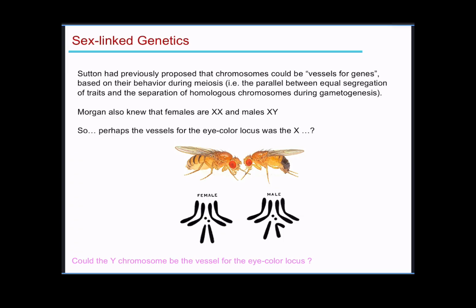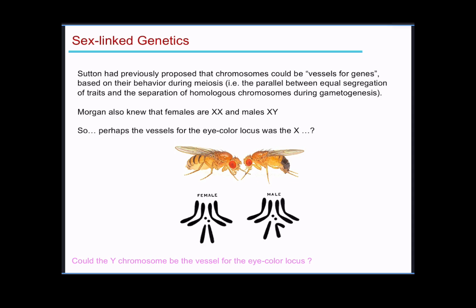So if a fly had a Y chromosome with a mutant eye color, what would that fly look like? It would have the mutant type, right? And would it be a male fly or a female fly? A male fly, because it has the Y chromosome with a mutant eye color gene.